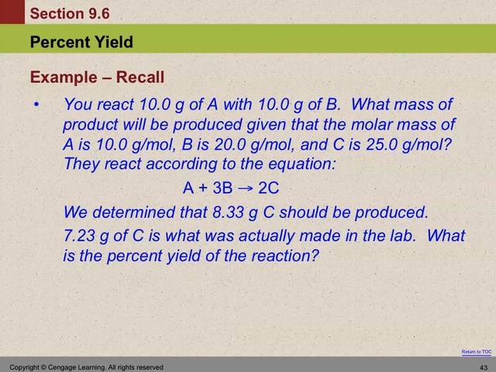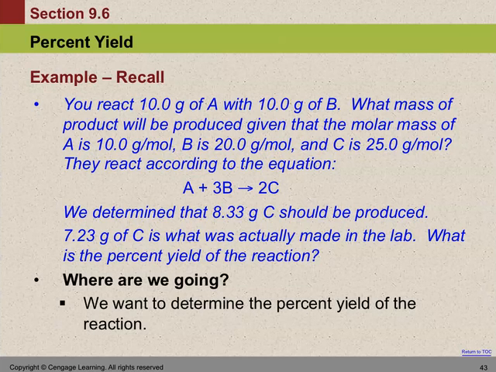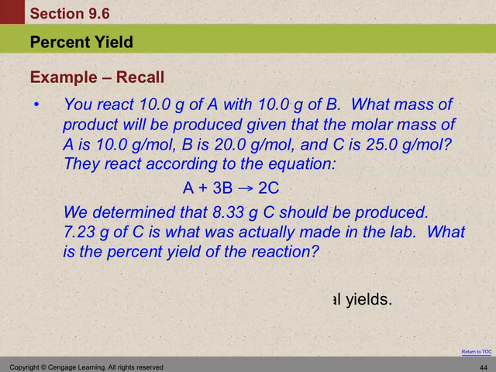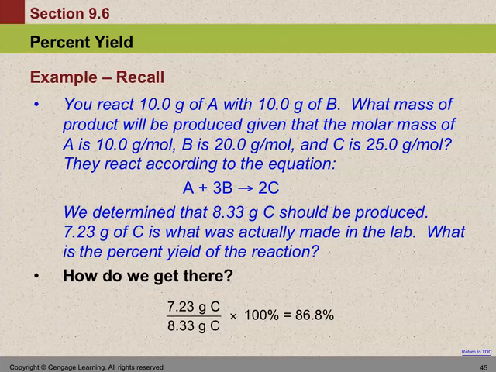So we can determine the percentage yield for this reaction. We simply put the actual yield over the theoretical yield and multiply by 100%. So this particular reaction process is 86.8% yield.